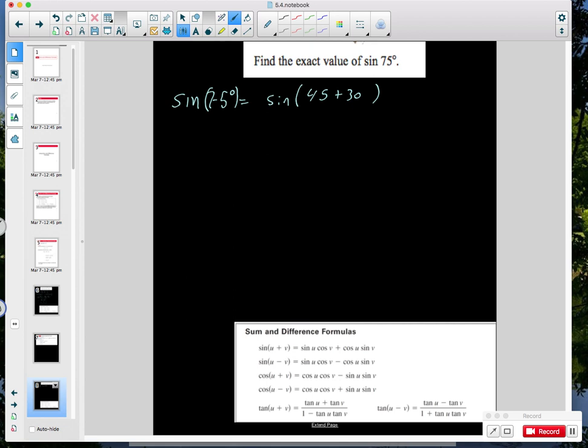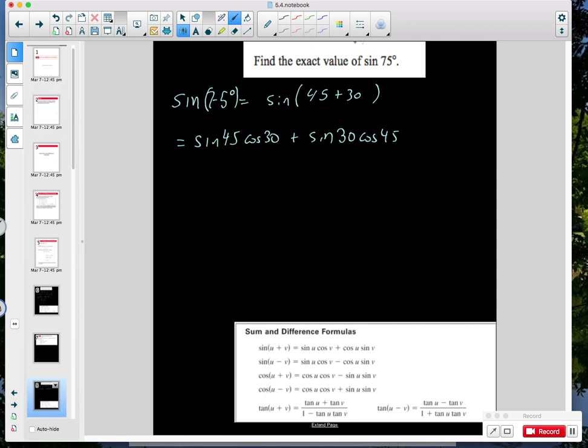You get sine of the first one, sine of 45, times cosine of 30, plus you reverse them, sine of 30, cosine of 45.